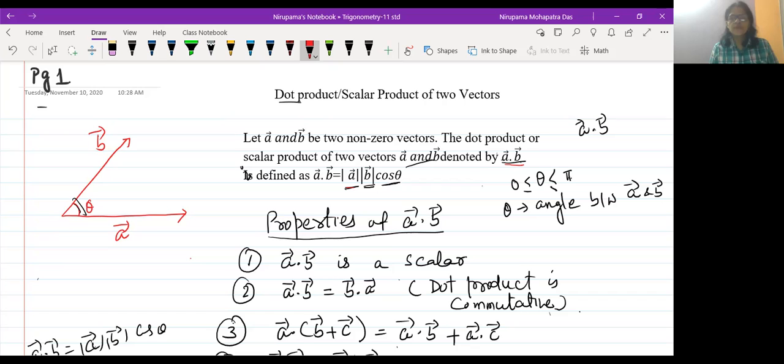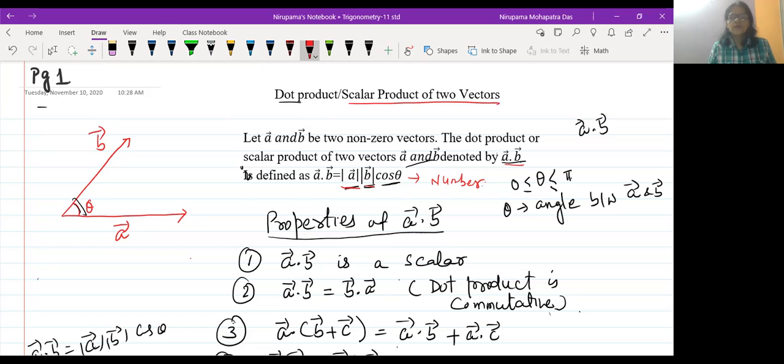So magnitude of A is a number, magnitude of B is a number, cos theta is also a number. So A dot B is basically a product of three numbers. So this is a number, a scalar quantity. Because A dot B is a scalar quantity, the name is scalar product of two vectors.